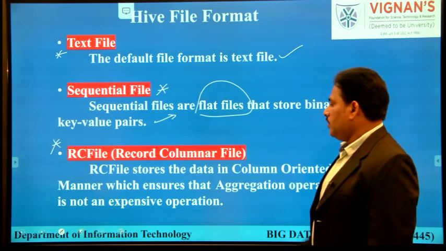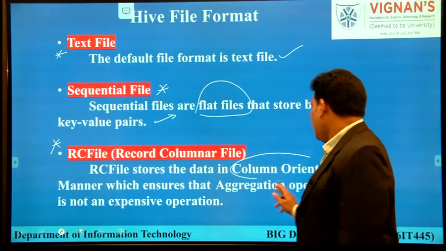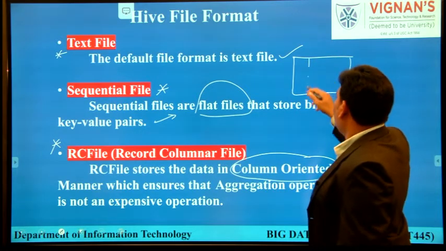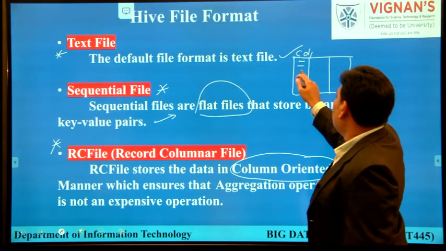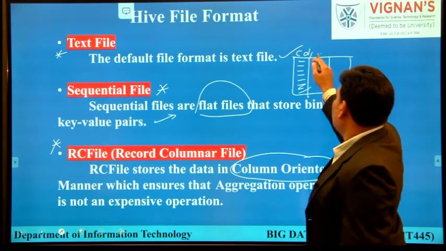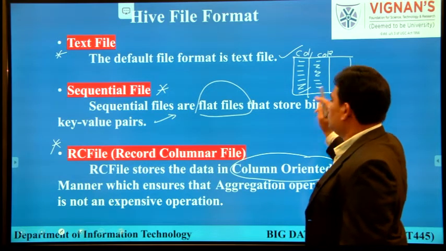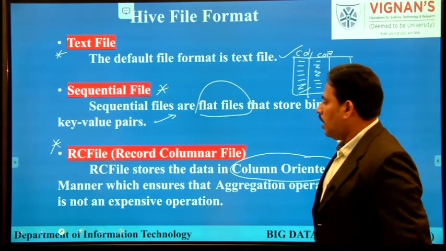RC file, that is record columnar file, stores the data in a column oriented manner. It will store data in column 1, and upon completion it will move to the second column and store the values. This is the column oriented format called RC file.